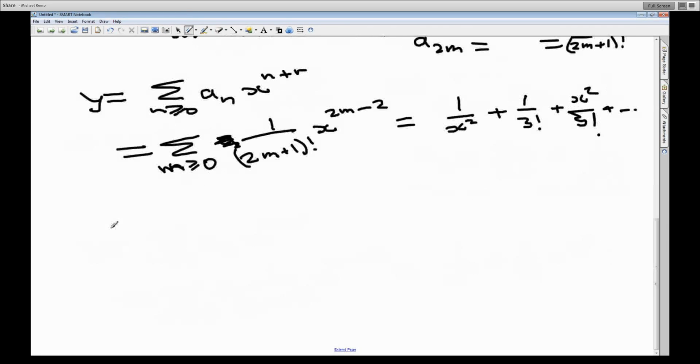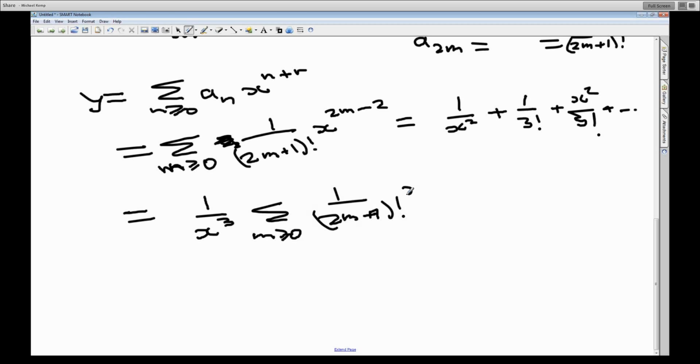In case you're wondering what this function looks like, if I take the 1 over x squared out, as a matter of fact, if I take a whole 1 over x cubed out, to make it a plus 1, just to make those things match up. Then if you're summing 1 over an odd factorial, just summing over odd terms, this is a power series you might know.